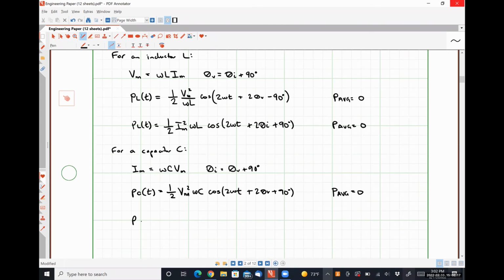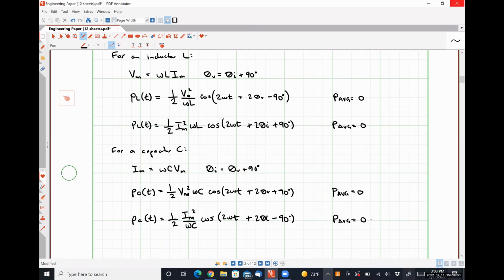And PC of t is equal to 1/2 Im squared over omega C cosine twice omega t plus twice theta I minus 90 degrees. Those are our instantaneous and average power relationships for resistors, inductors, and capacitors.